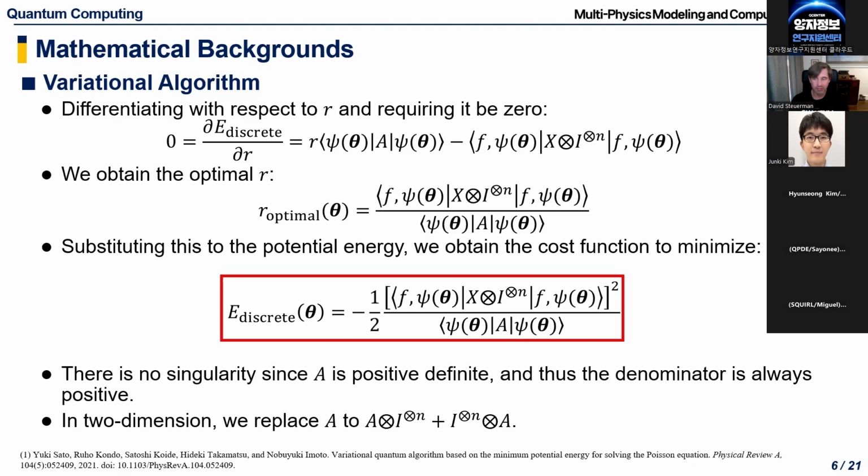It has 2 on the diagonal and -1 on the subdiagonals, a tridiagonal matrix. Moreover, in our case we are dealing with 2 dimensions, so we replace A with A times I plus I times A, where A times I is the Laplacian operator along the y direction, and I times A is the one along the x direction.